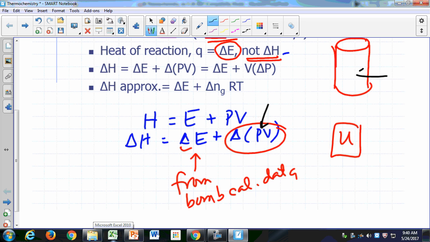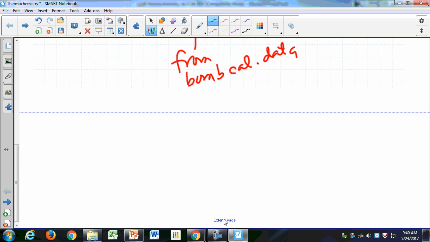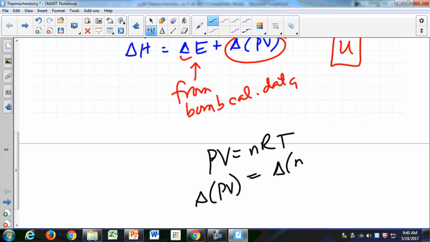The reason the pressure changes inside a bomb is because the reaction produces gas. So the change in pressure will be primarily due to a change in the number of moles of gas in the container. If we assume the ideal gas equation, PV equals nRT, the change in PV is going to be equal to delta of nRT.